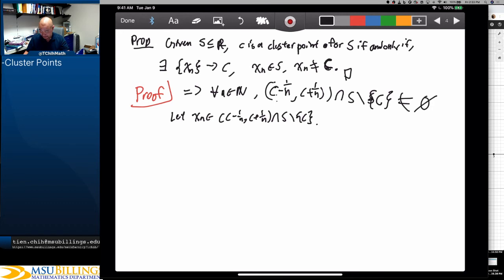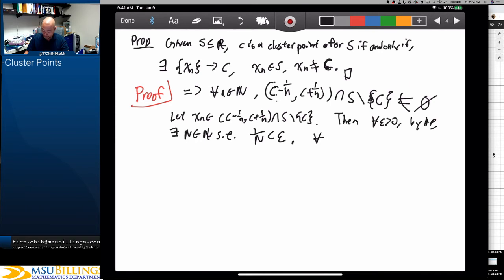Then we want to show that this x of n, in fact, converges to C. So we let epsilon be greater than 0, and then by the Archimedean principle, there is a big capital N in the naturals such that 1 over capital N is less than epsilon, right? This is one of the two equivalent statements of the Archimedean principle.